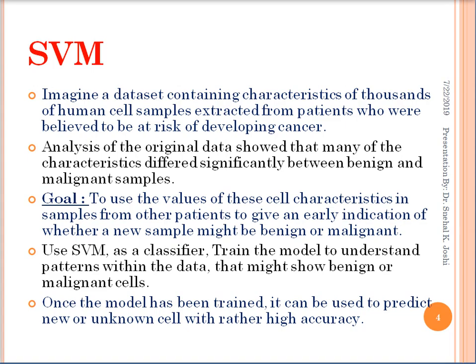Analyzing the original data, it shows that many of the characteristics separate benign and malignant samples. Our goal is to use these characteristics to develop a classification model which helps in early identification of new samples, to classify them as whether they fall in the category of benign or malignant.